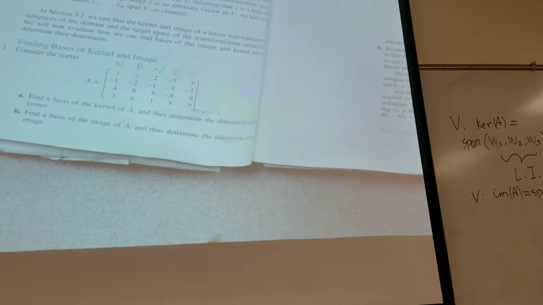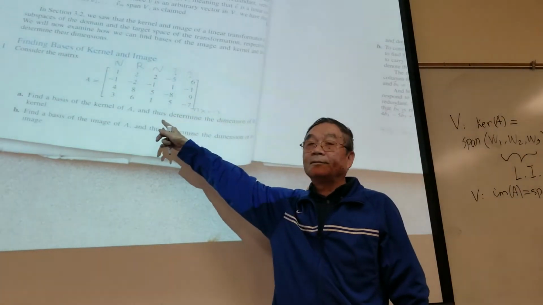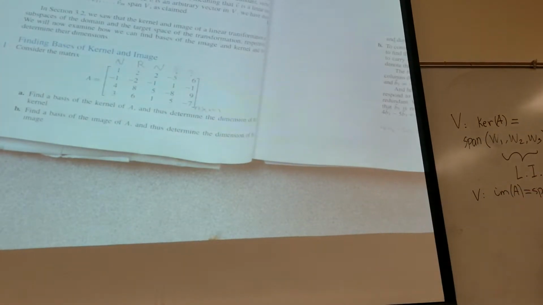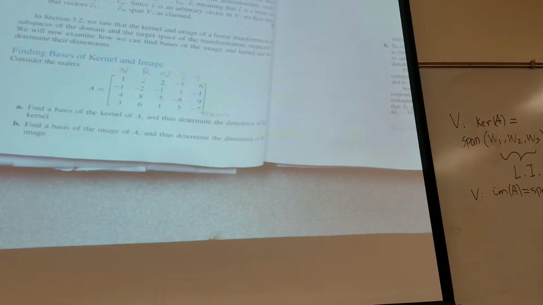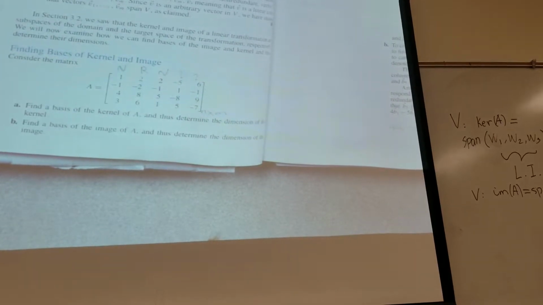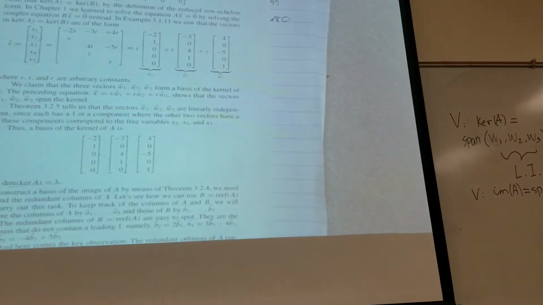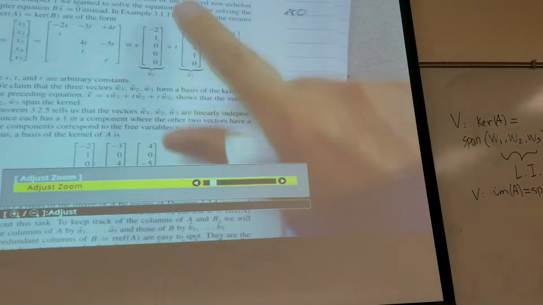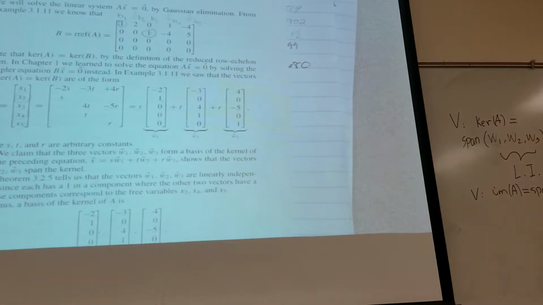What they said is, instead of looking at this matrix A, they ask the question, can we look at RREF of A instead? So let's put this back in here, RREF of A. So first of all, why? We want to look at RREF of A because it's simpler, right?